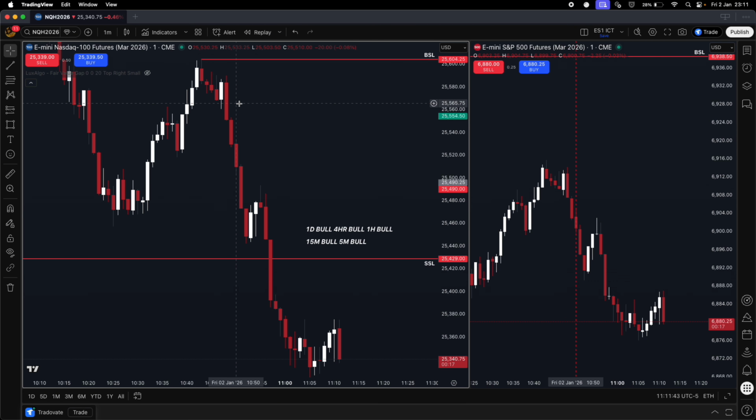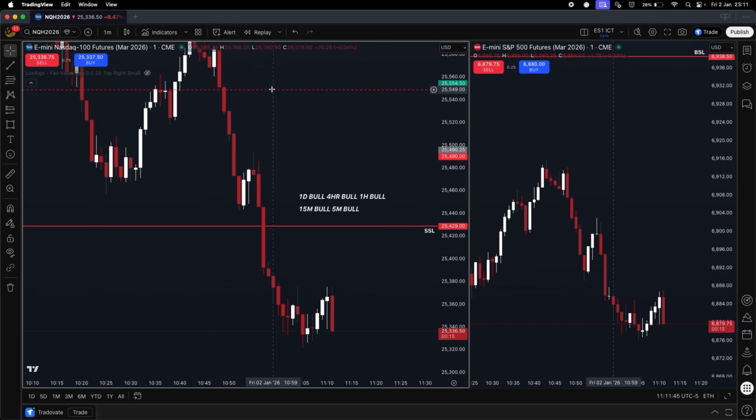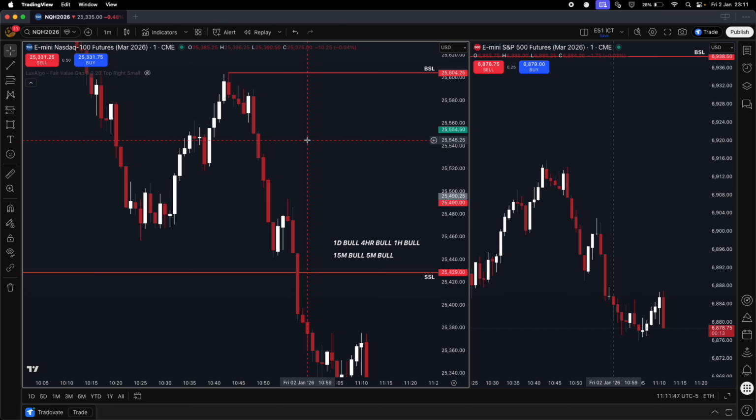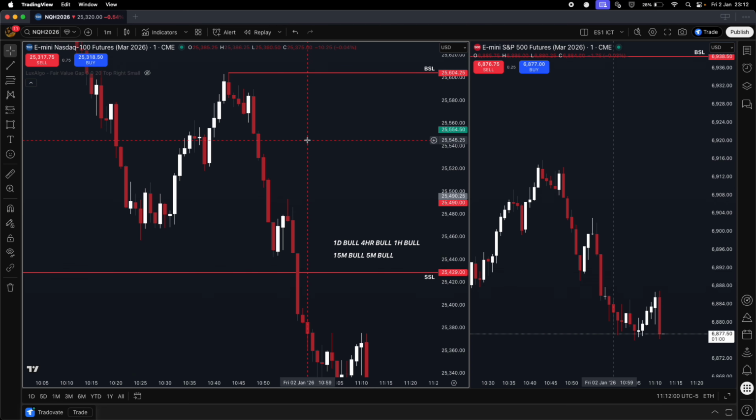And if you want a high probability order block, it consists of 3 up close candles and 3 down close candles for a strong bearish order block, and then 3 down close and 3 up close for a strong bullish order block. But that is for high probability order blocks. These are still order blocks, as you can see.